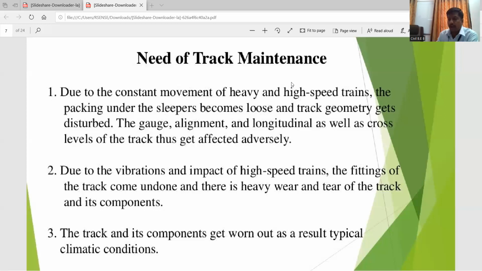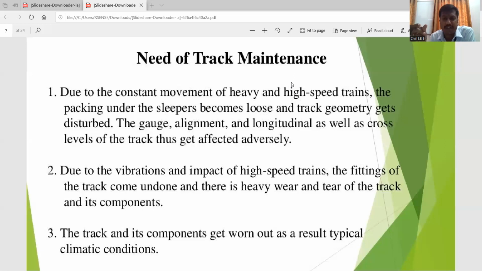As I told you, there is loose packing of the ballast below the sleepers. At the same time, whenever the fixtures or the fastenings are fixed, maybe the fish plate and the fish bolts you have connected on the rail joints. So rail joints, that is a very crucial point for us.